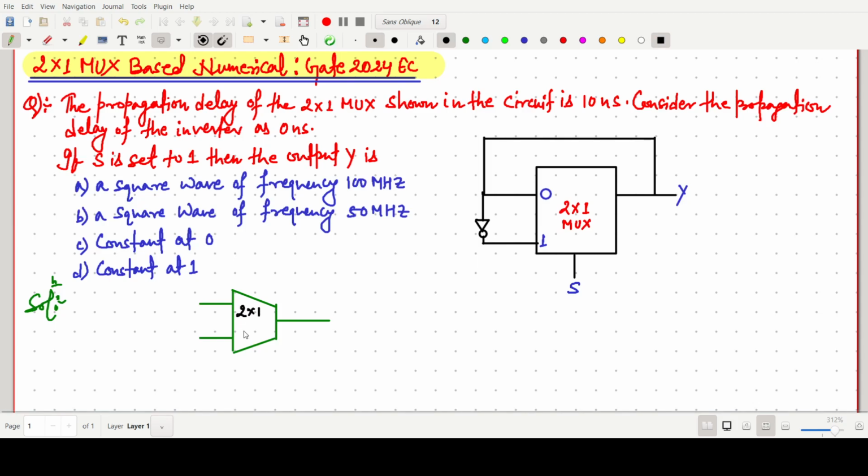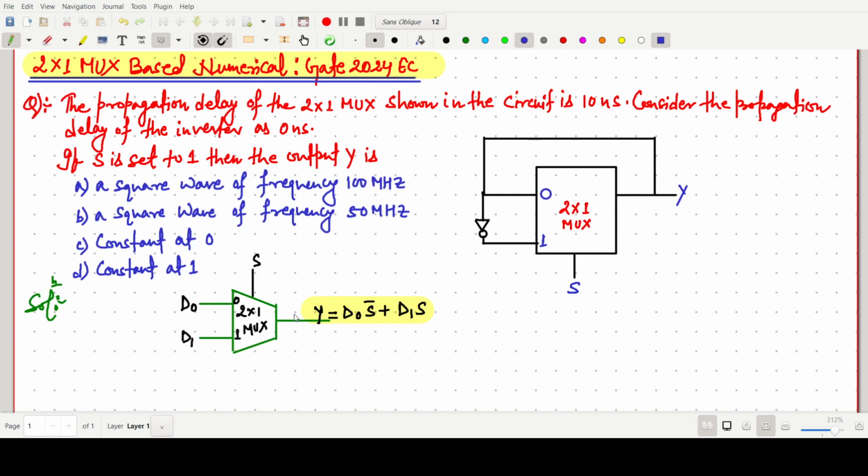The inputs are 0 and 1, there is a select line S, the data inputs are D0 and D1, and the output is Y. The characteristic equation for this mux is Y equals D0 S bar plus D1 S. This is a very important characteristic equation of a mux.